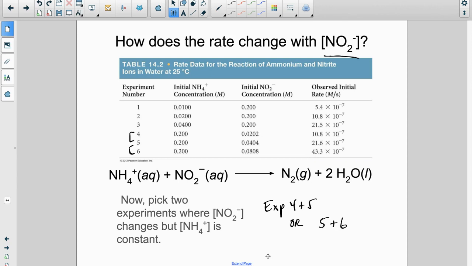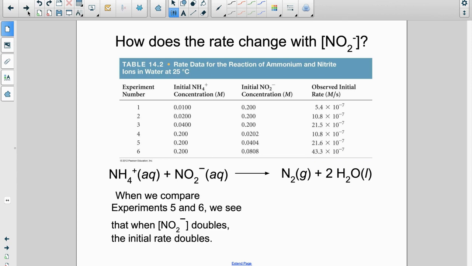Both of those will work perfectly well. We're going to use 5 and 6 here. Again, this concentration is doubling, so let's show that explicitly in case you are not able to see that.